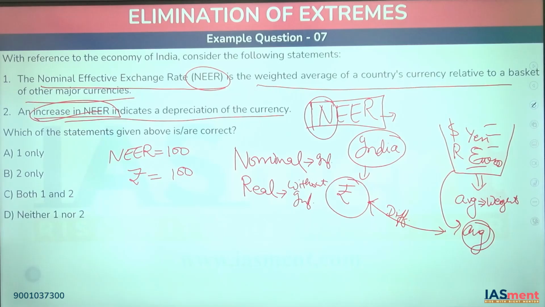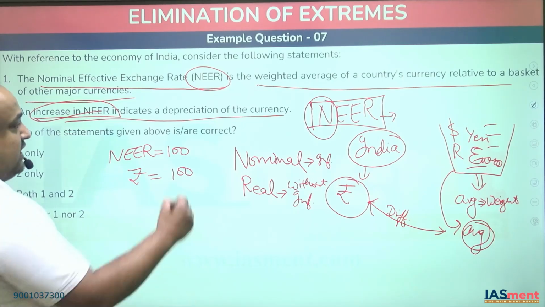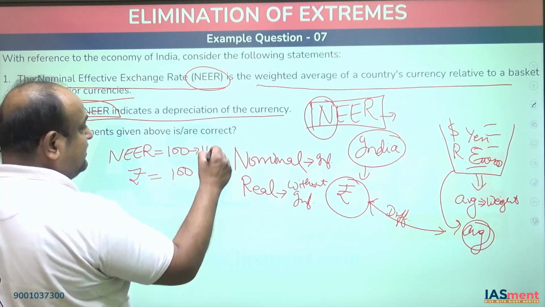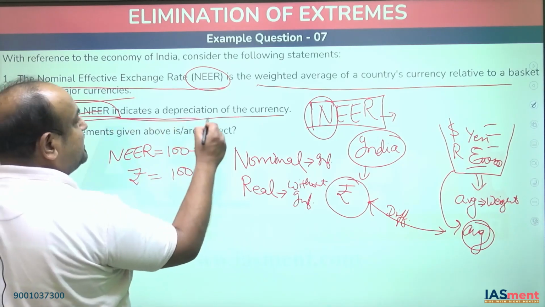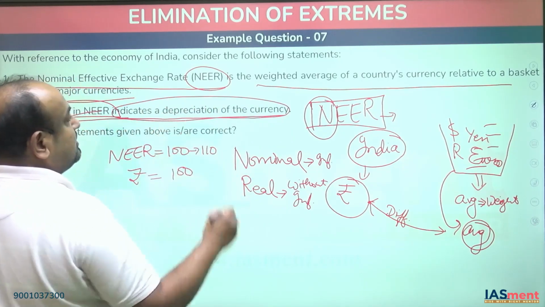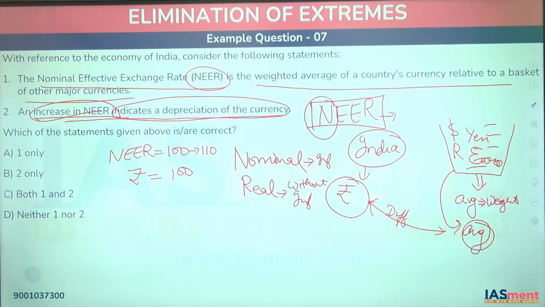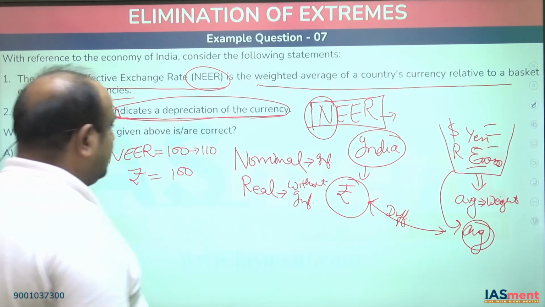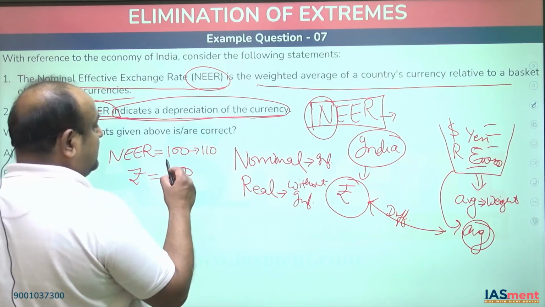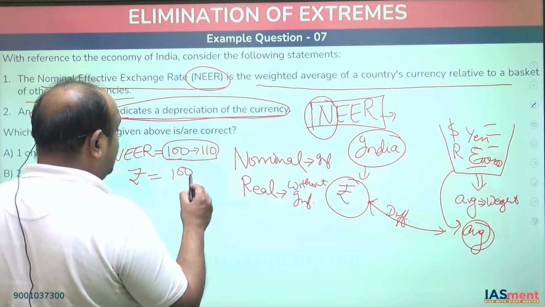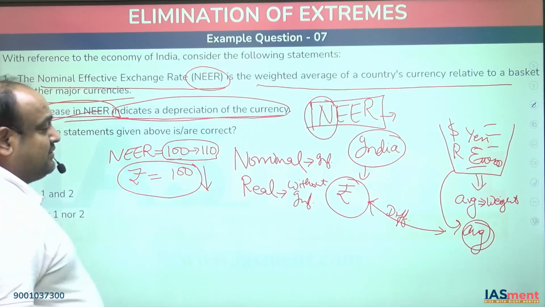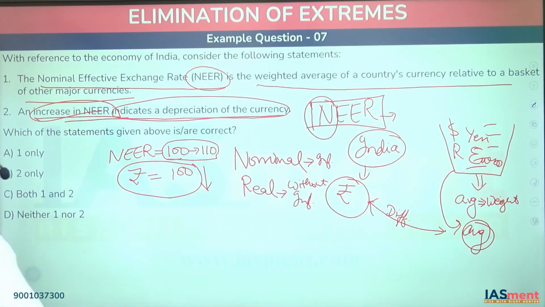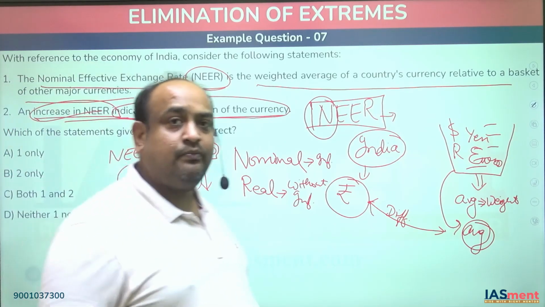Now what they are saying is increase in NEER, यानी कि NEER is increased to 110, indicates depreciation of the currency. Means if NEER has increased, then the rupee has depreciated. Depreciated means the value of rupee has decreased.